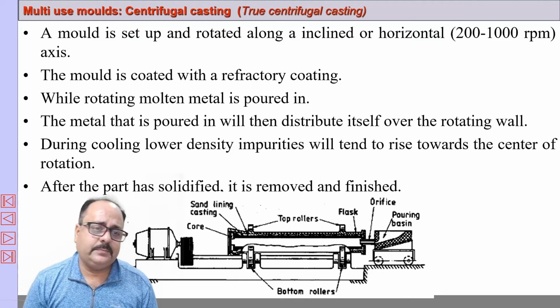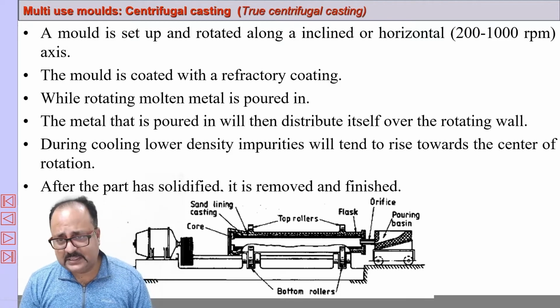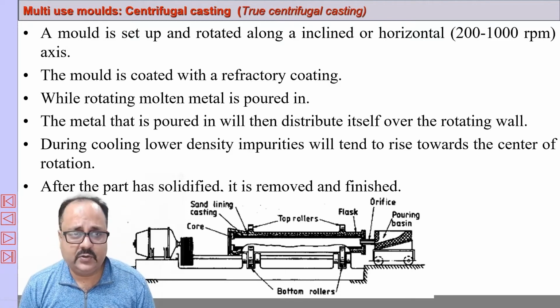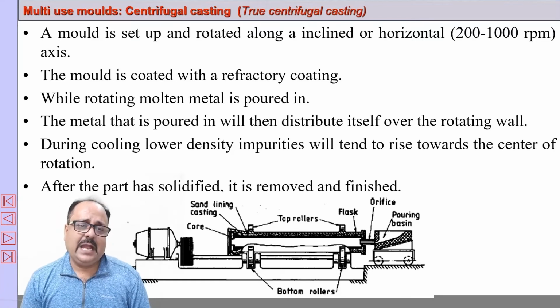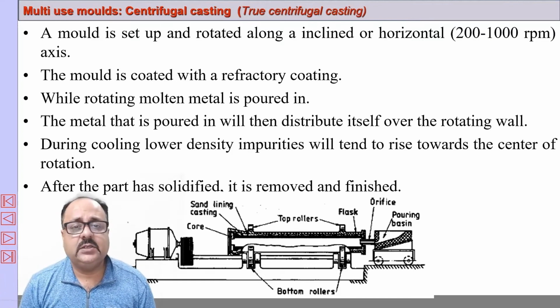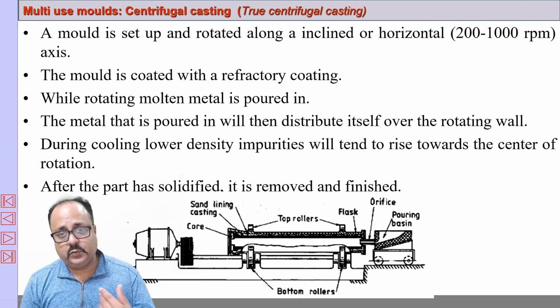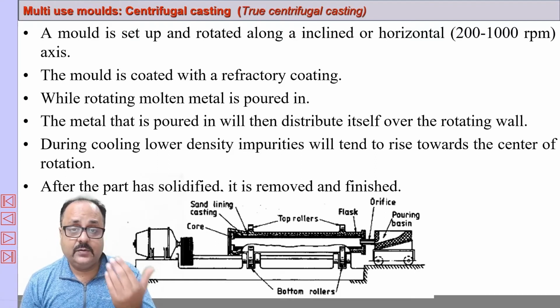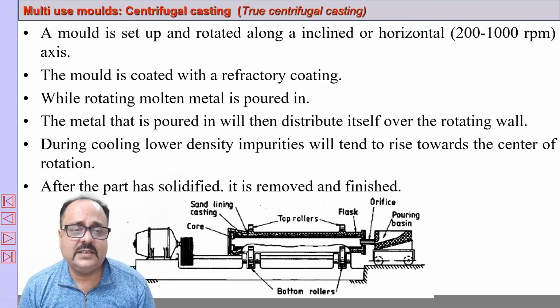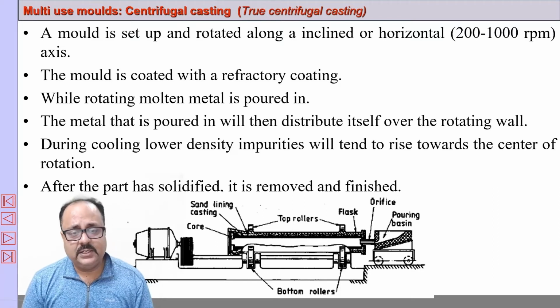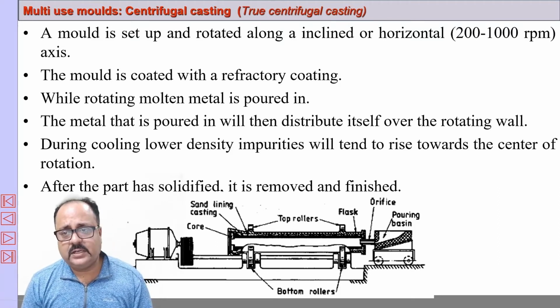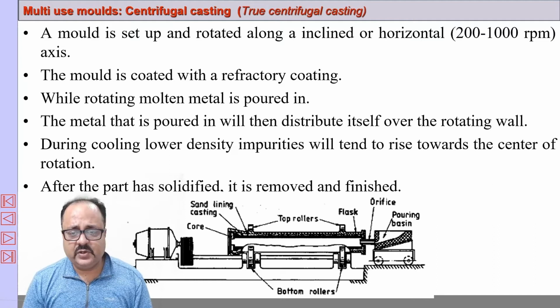So what will happen in this process? It will give a very good casting because it will be solidified under pressure, and the dense metal will be towards the wall and the impurities will be towards the inner core, which can be easily removed by machining. So this gives a very good casting, and it is coreless.